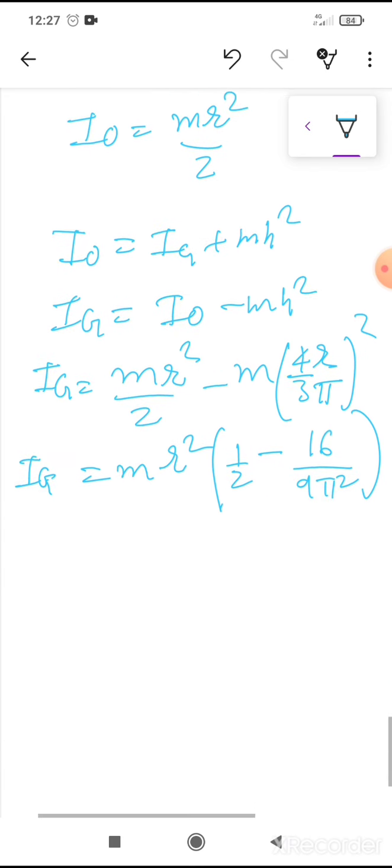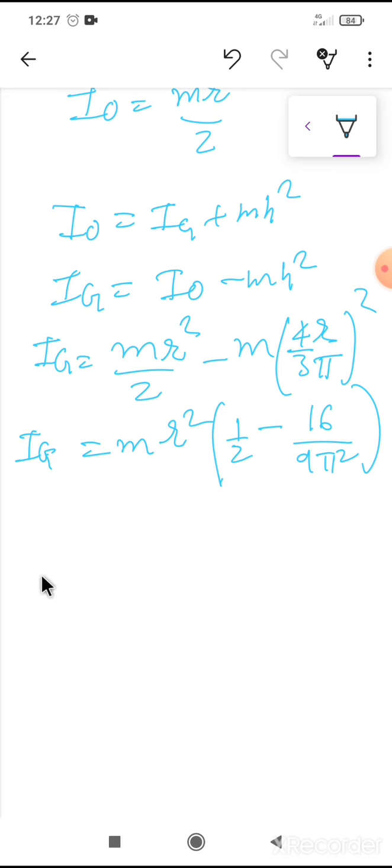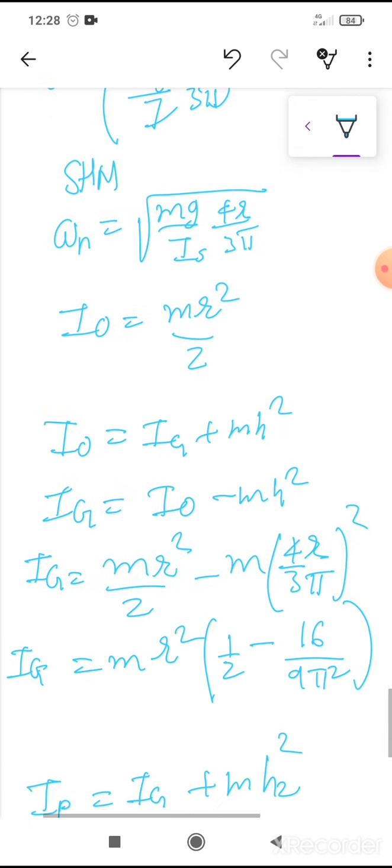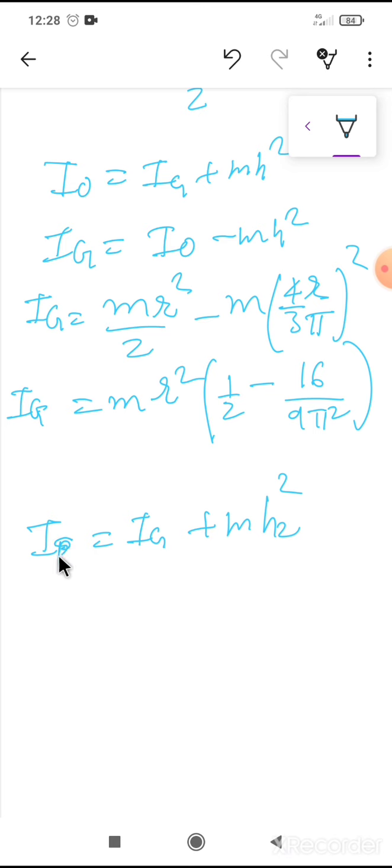Now we will use the parallel axis theorem again, that is IS is equal to IG plus m h2 square. Now this h2, what is this? It is the distance between the surface and the center of gravity. The total distance is radius r, and the distance to the center of gravity is 4r by 3 pi. So if I subtract 4r by 3 pi from r, we get this distance.